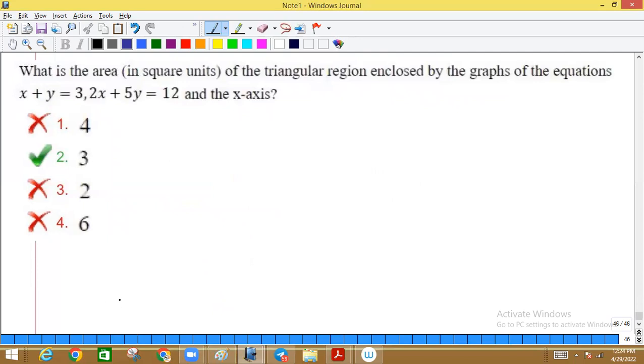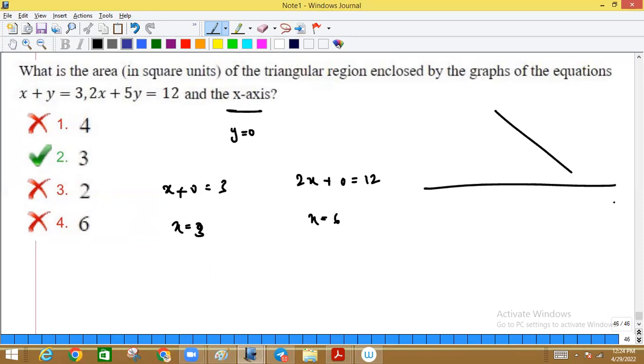What is the area of the triangular region enclosed by the graph of the equation, this one and the x-axis? X-axis means what? Y is equal to 0. Put y equal to 0 in the first one. X plus 0 equal to 3. X is equal to 3. 2x plus 0 is equal to 12. X is equal to 6. So therefore, this is 6. This one is 3. Something like this. What is the base? Okay.